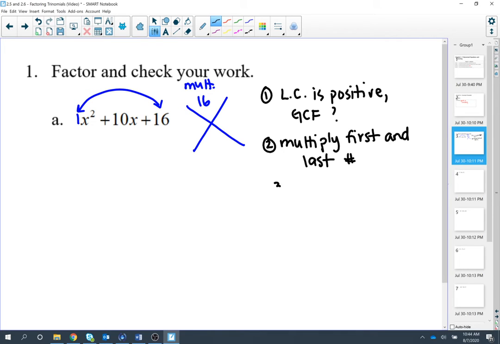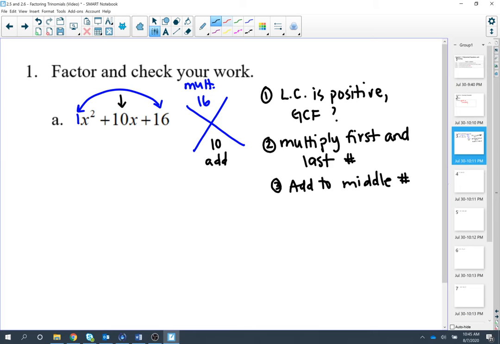Step 3, add to middle number. Okay, so middle number, that's right there. Middle number is 10. And we're just taking the 10. We're not taking the x's. We're just dealing with the numbers here. And then I'm going to write add.